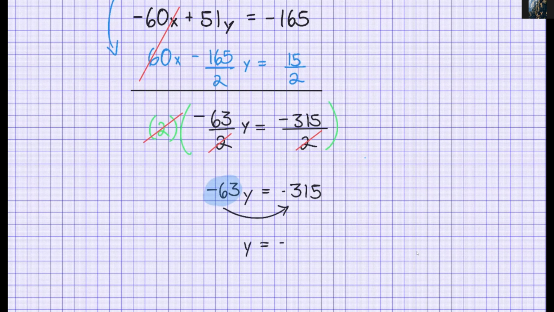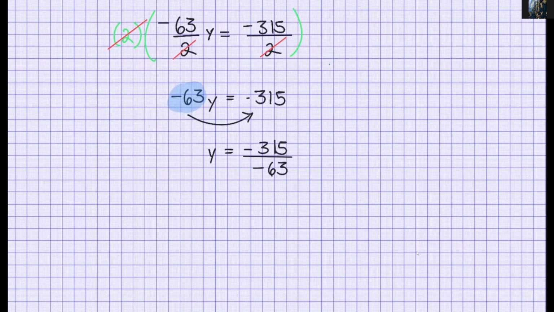So y will be equal to negative 315 divided by negative 63. Put this in my calculator, and I get that y equals 5. So what I have gotten so far is the y coordinate of the intersection point.